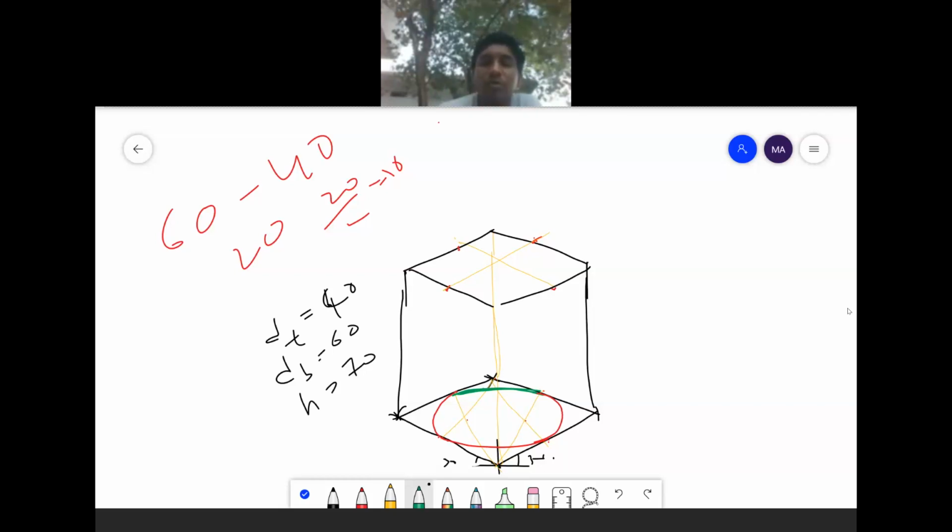I am reducing 10 mm here inside, here, here, and here.